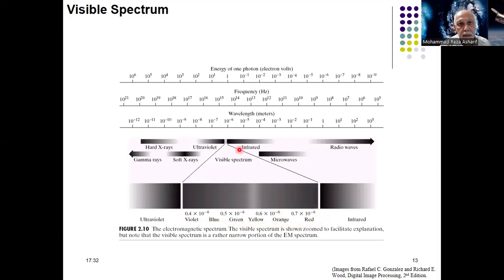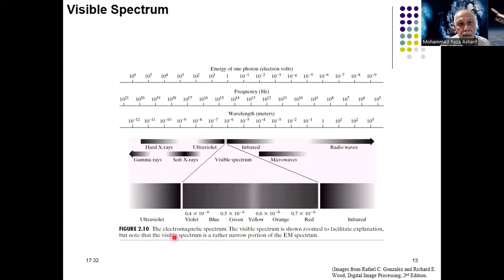So gradually wavelength increases, rather the frequency decreases, but on a very narrow side. So hard X-ray, ultraviolet, visible spectrum, infrared, and radio waves are here, and gamma ray, soft X-ray, and microwave are here.